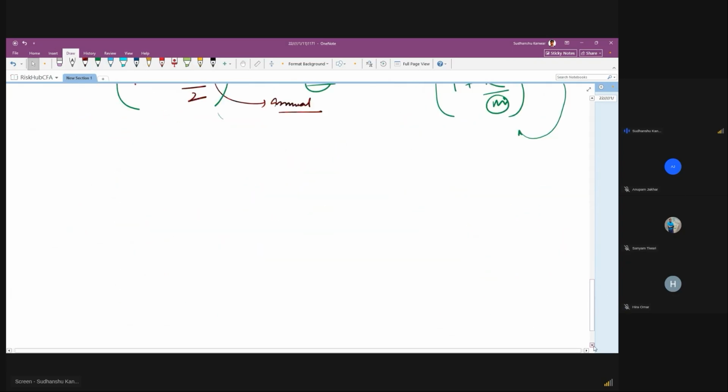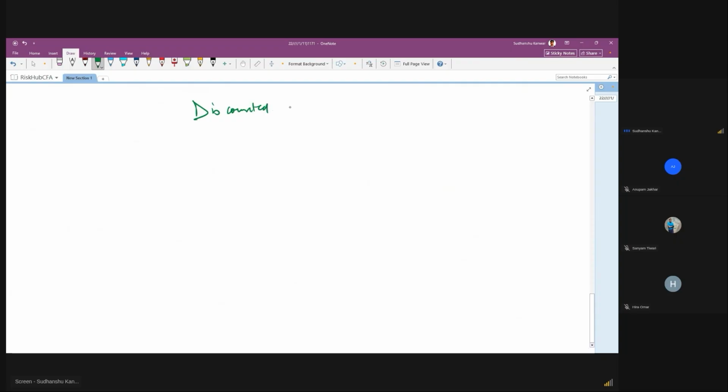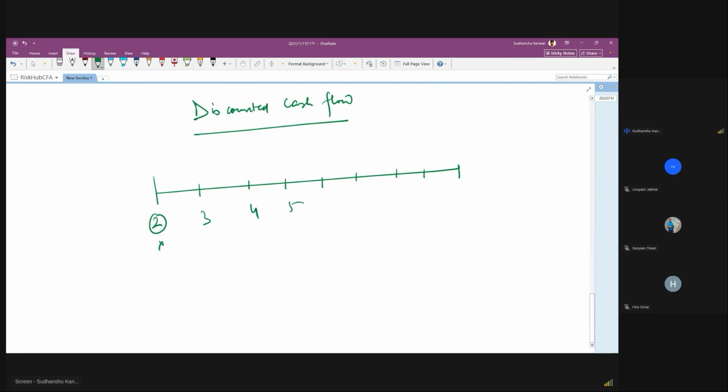See, ultimately, we are doing what? We are doing discounted cash flows, right? So the whole logic of discounted cash flow is that you have cash flows which are coming. So this was second year, we were here. Third, fourth, fifth, sixth, seven, eight, nine, 10. Then we said that our cash flows came 6 monthly.